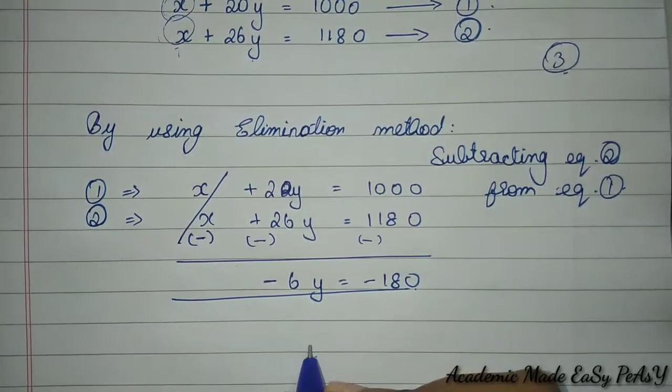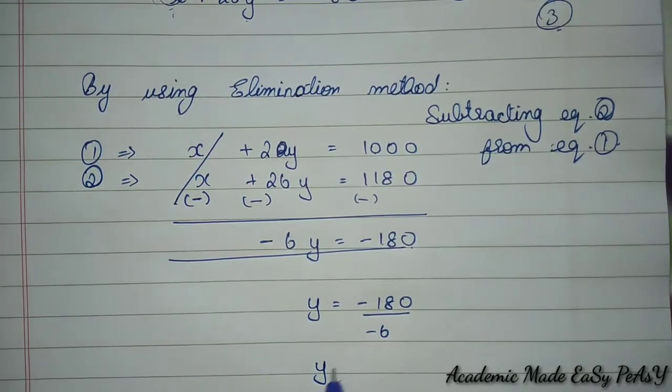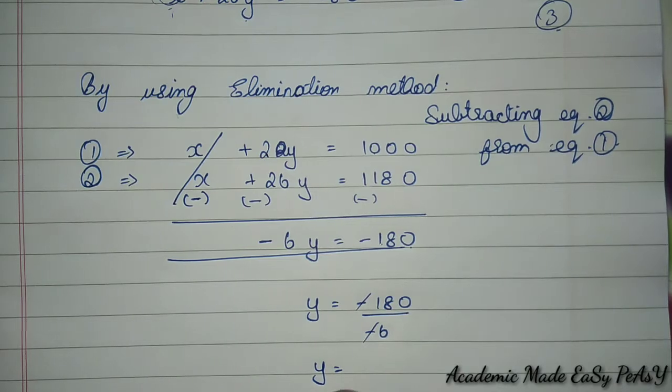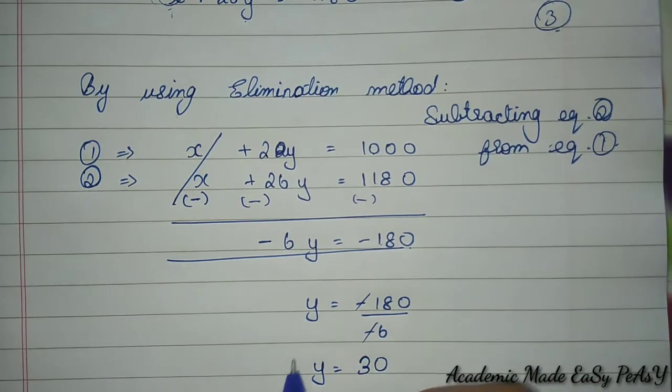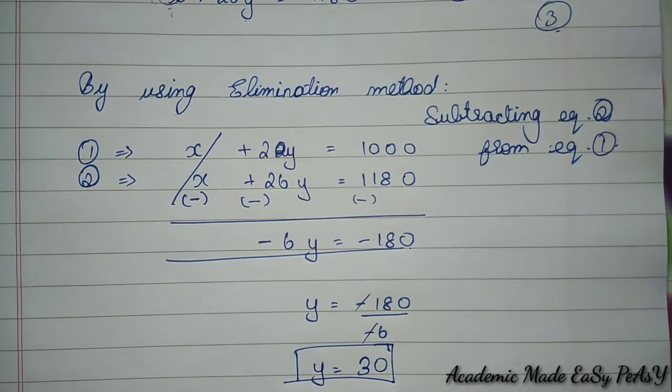Therefore, y is equal to minus 180 by minus 6. The minus and minus will get cancelled, so y is equal to 30. Now I will be substituting the y value in any one of the equations. So now let me substitute in equation 1.